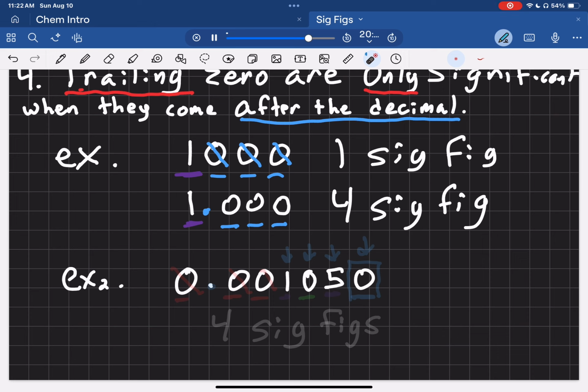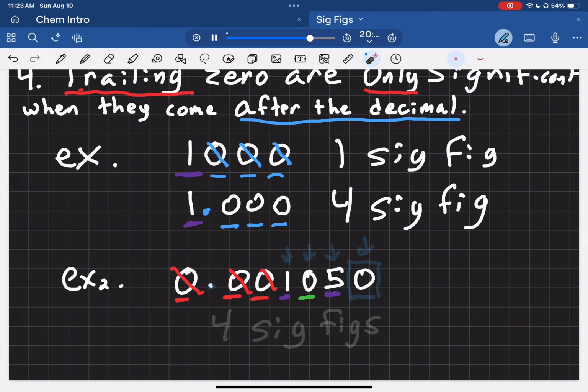So when we take a look at this number, just like we did before, we're going to identify all of our significant figures starting with non-zero integers. We have 1 right there, 1 right there. Then we're going to go to our zeros and identify them. These right here are leading zeros, which are never significant. So I'm going to cross them off right off the bat. Then we go to this zero right here, right in the middle, and we know that's a captured zero, so that counts.